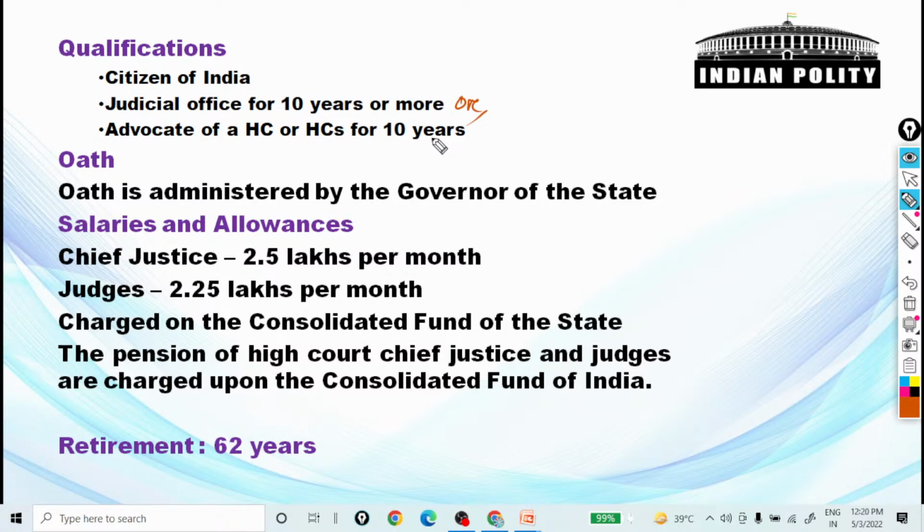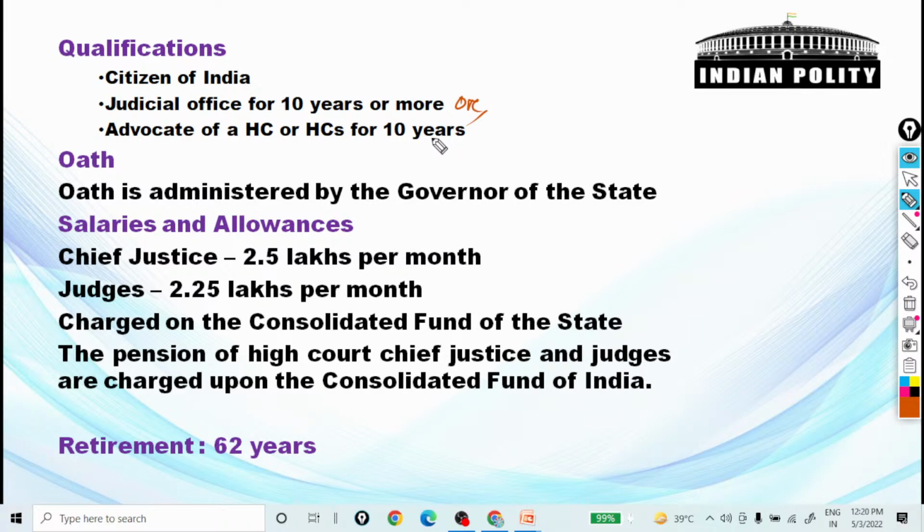And if you compare the qualifications required for the appointment of judges of High Court and those required for the appointment of Supreme Court judges, you will find that there is no provision for appointment of an eminent jurist as a judge of High Court recommended by the President. So the provision of appointment of an eminent jurist as a judge in the High Court is not there.